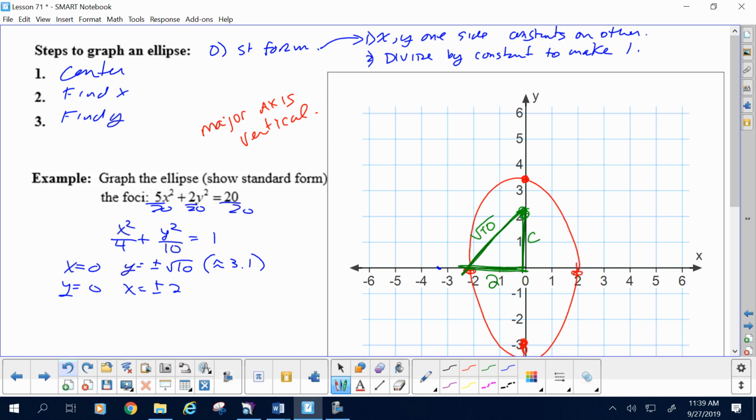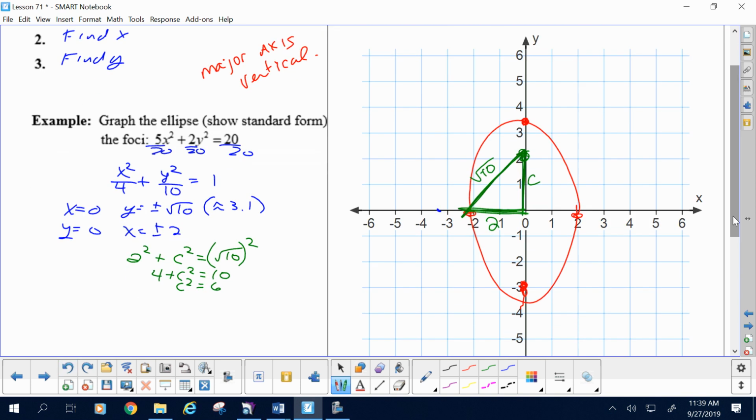So to find C, we're going to say 2 squared plus C squared is root 10 squared by Pythagorean theorem. 4 plus C squared is 10. C squared then is 6. And so C is plus or minus root 6.